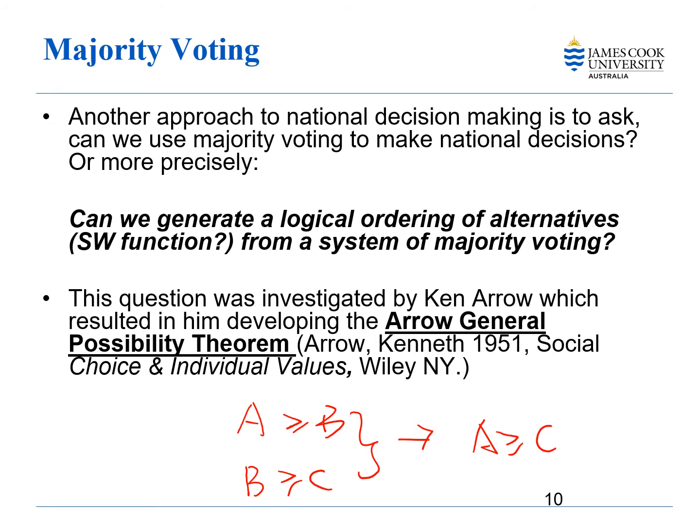However, the economist Ken Arrow actually shows that when we are ranking more than 3 items, something undesirable occurs, and this is called Arrow's general possibility theorem or impossibility theorem. Okay, let's look at.